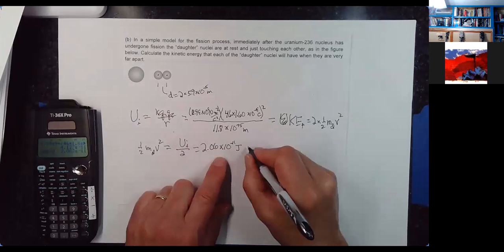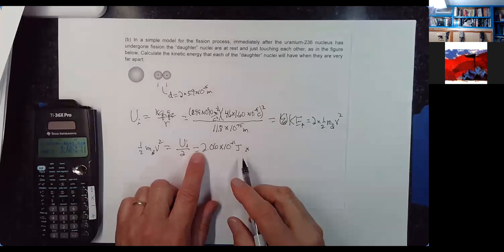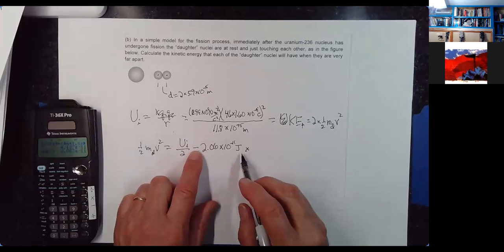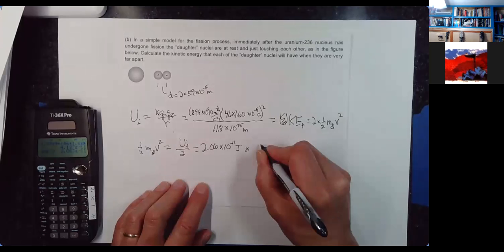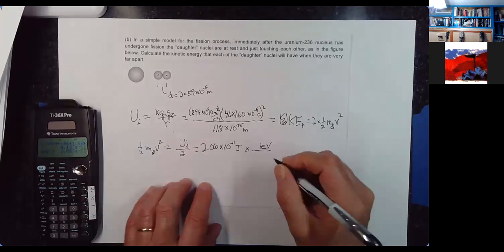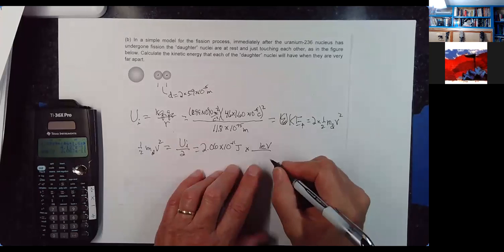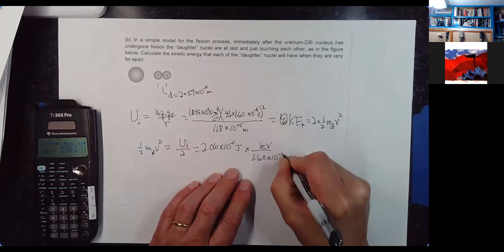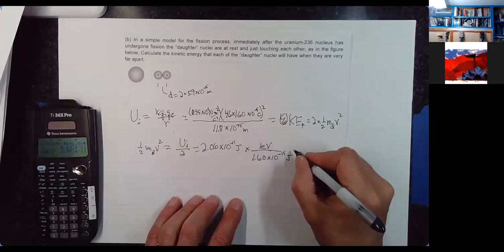And if I convert that into electron volts, I'm just curious, I'll probably want to save the joules because I think the next problem means I'll need that. But if I multiply that by 1 electron volt over 1.60 times 10 to the minus 19th joules, those two things are equal.